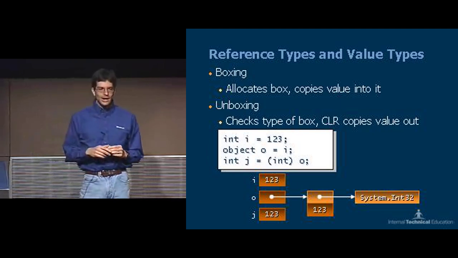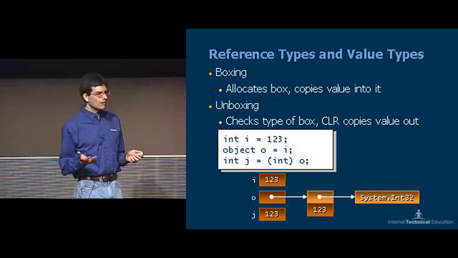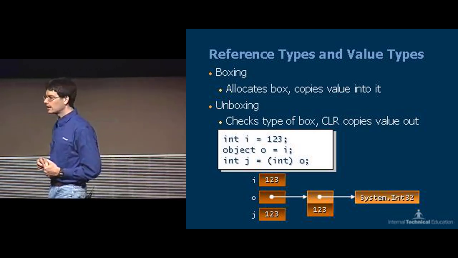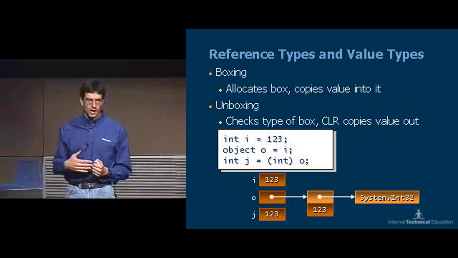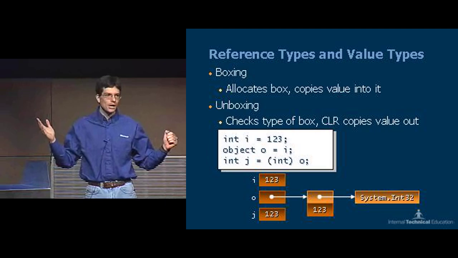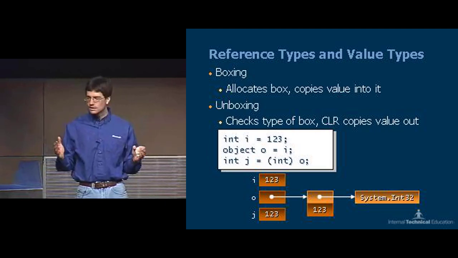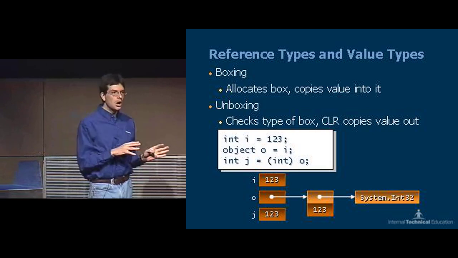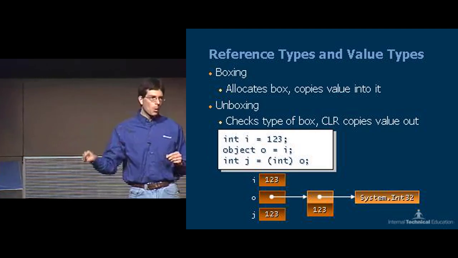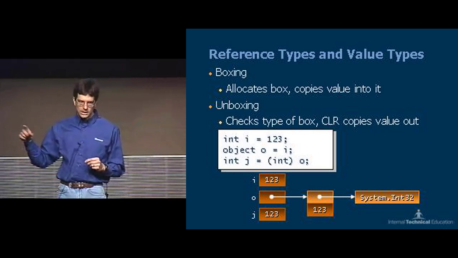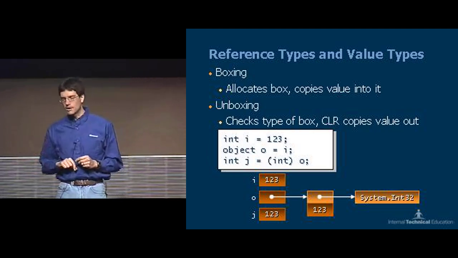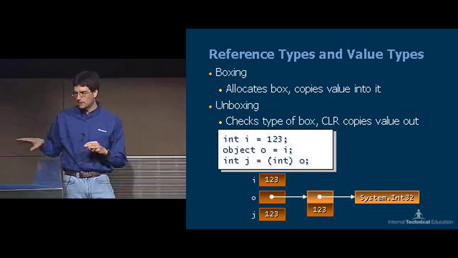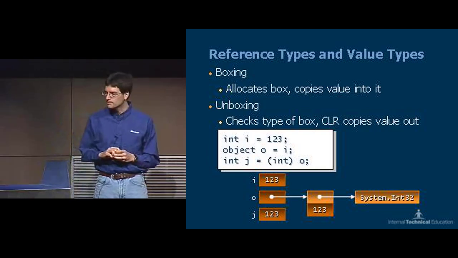That lets you write code like this, where you have an integer, which is a value type, 123, and then you cast it to an object, and notice that was a seamless operation. That does a box, and in the second line what you have now is o as a reference, or a pointer, to a spot in memory that has the value 123, and that also references the type, System.Int32.